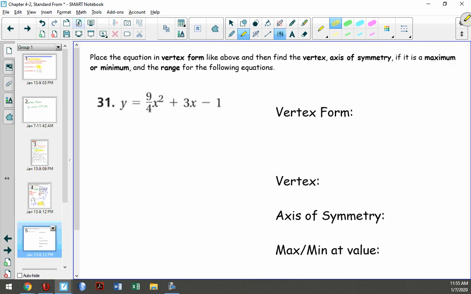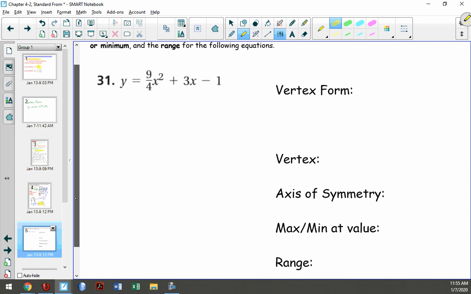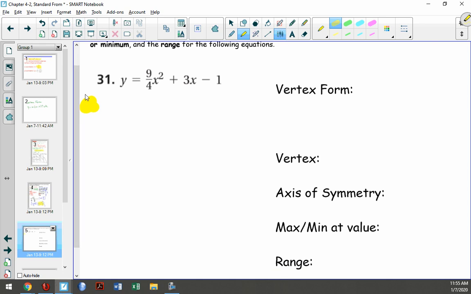Next one here, same concept. What's the very first thing you want to do out of this thing? Find A, B, and C. What is A? A is 9 over 4. What's B? And what is C? Very good. So I have A, B, and C. So what's the next thing I need to do?